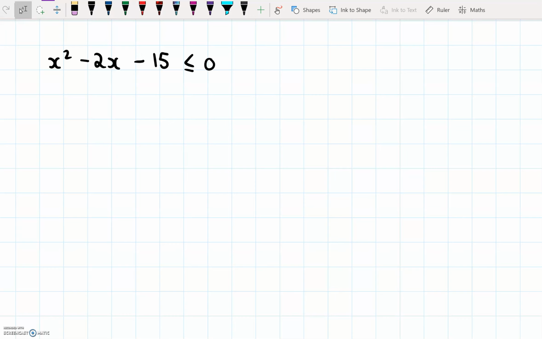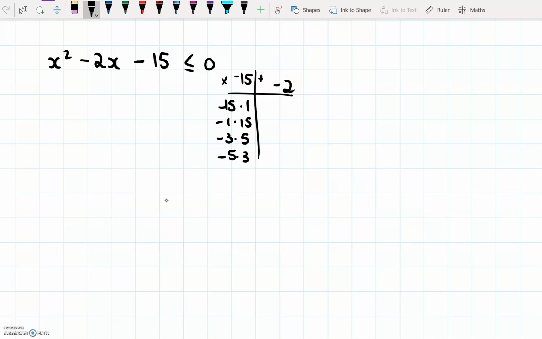So this can be factorized. If you need to make a little table to do it, then go for it. Our numbers must multiply to give minus 15, and they must add to give minus 2. Numbers that multiply to give minus 15 are minus 15 times 1, minus 1 times 15, minus 3 times 5, and minus 5 times 3.